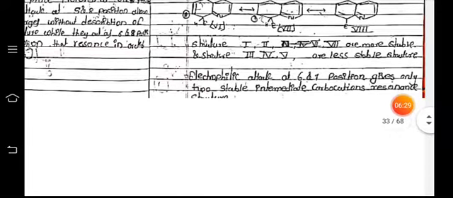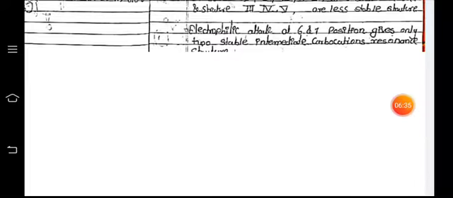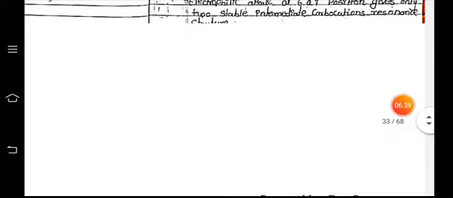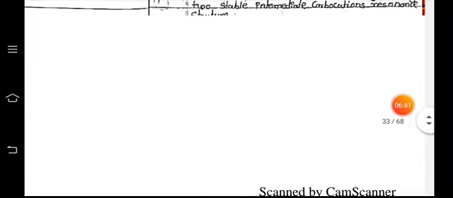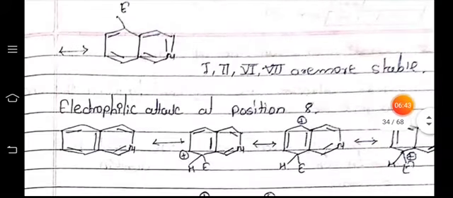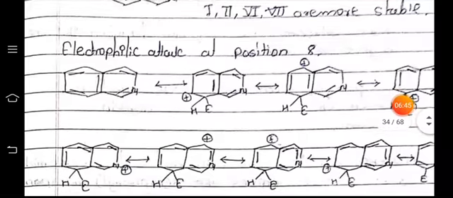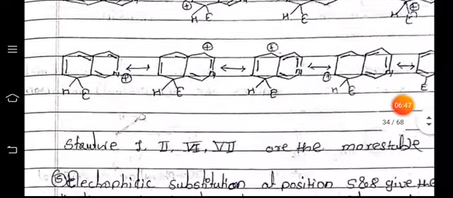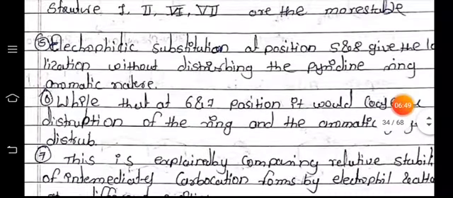Structures 1st, 2nd, 6th, 7th are more stable, and structures 3rd, 4th, 5th are the least stable. Electrophilic attack at the 6th and 7th positions gives only two stable intermediate carbocation resonating structures. These are the resonating structures. Again, we draw the electrophilic attack at position number 8.